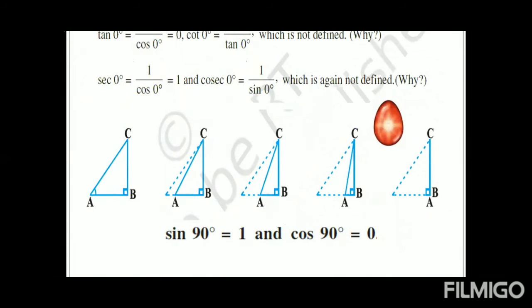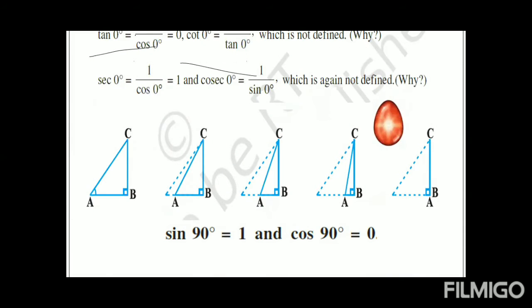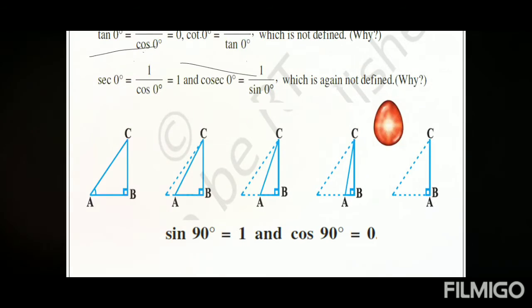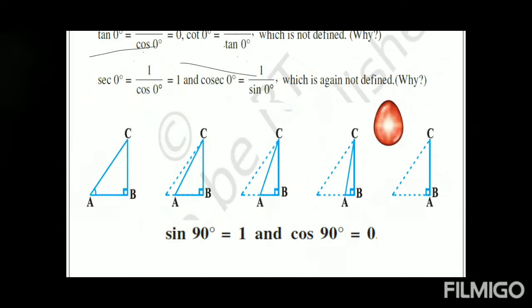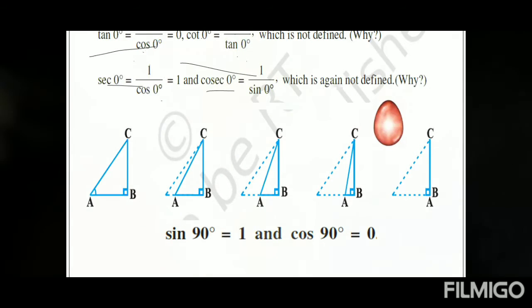By using this, you need to find tan theta, cot theta: tan equals opposite by adjacent, cot equals 1 by tan, that is the reciprocal of tan, secant equals the reciprocal of cos, cosecant equals the reciprocal of sine.